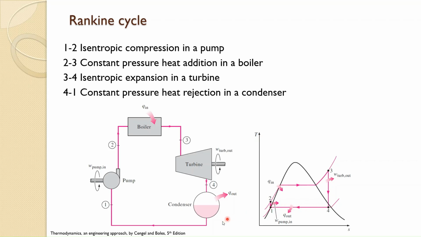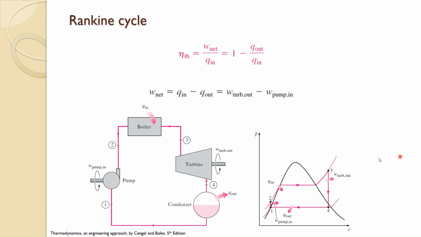And at this point, point 1, you have saturated liquid, and this cycle goes on and on. So we have heat addition in the boiler, heat rejection in the condenser, production of work in the turbine, and consumption of work in the pump.